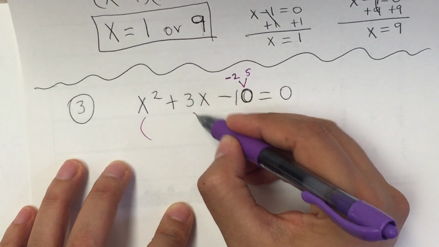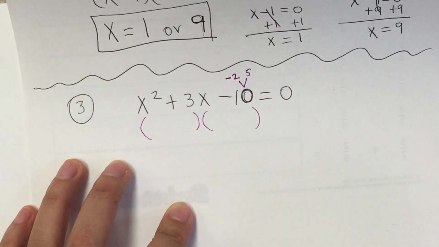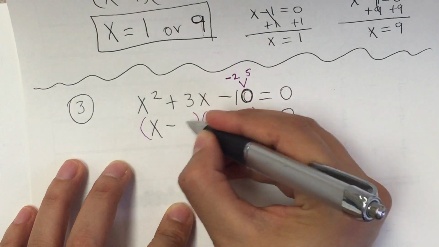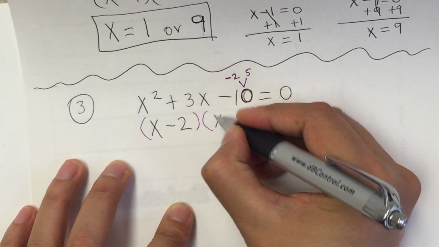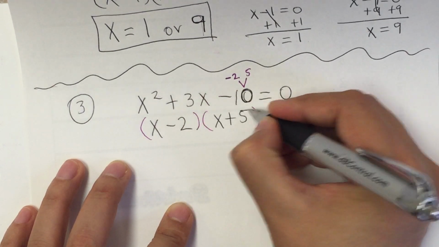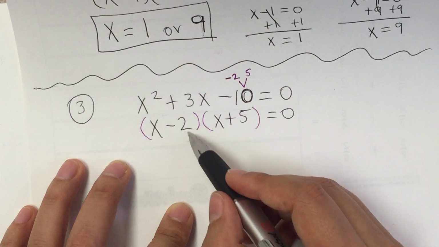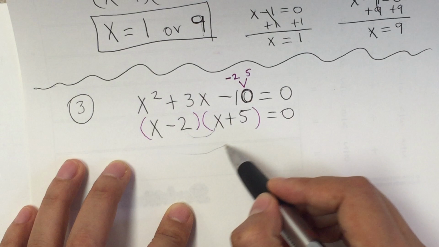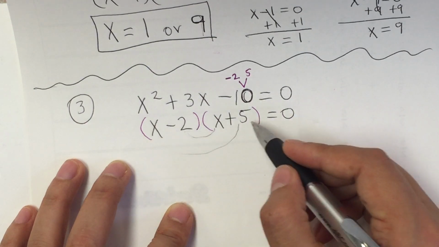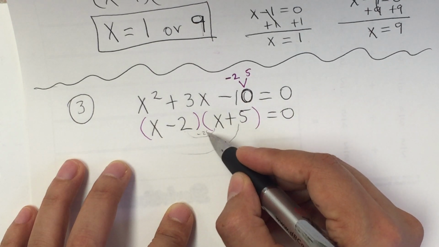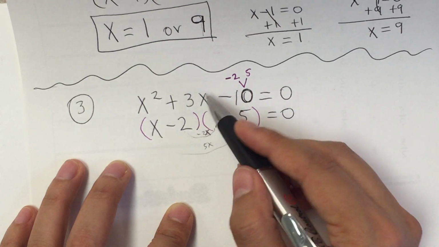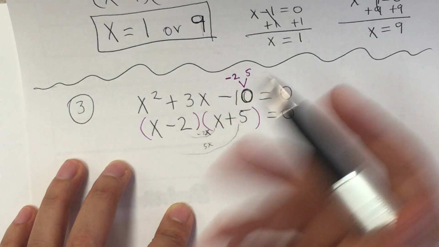Okay, so we open our parentheses and we have x minus 2, x plus 5, and again we can very fast check. Negative 2 times x is negative 2x, x times 5 is 5x, so negative 2x and 5x is equal to 3x, which is perfect.